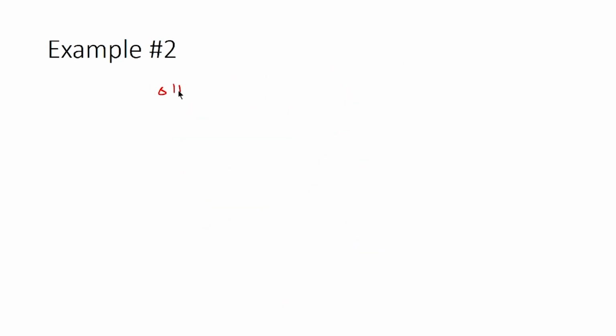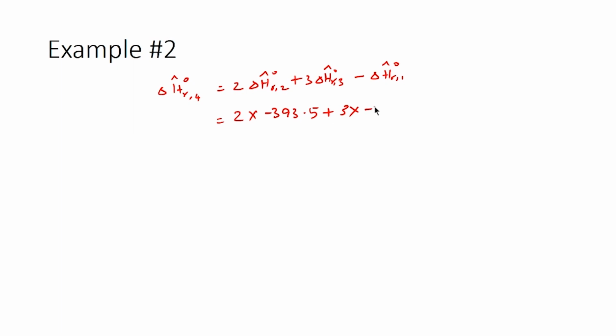So the standard heat of reaction for the fourth reaction would be equal to 2 delta HR2 plus 3 delta HR of reaction 3 minus delta HR1. So this would be 2 times minus 393.5 plus 3 times minus 285.8 minus of minus 1559.8.